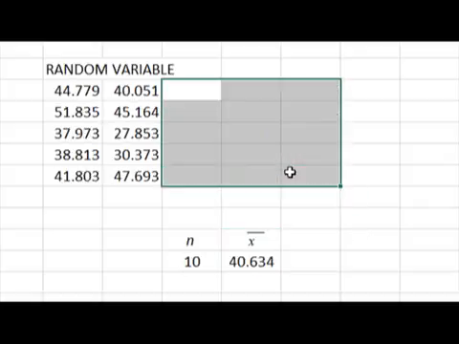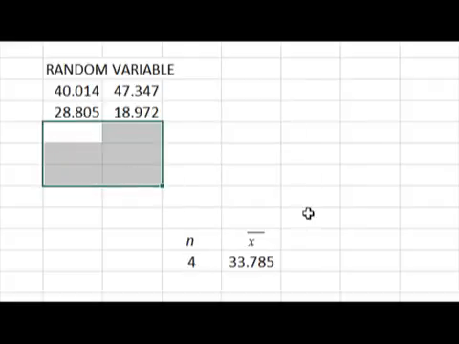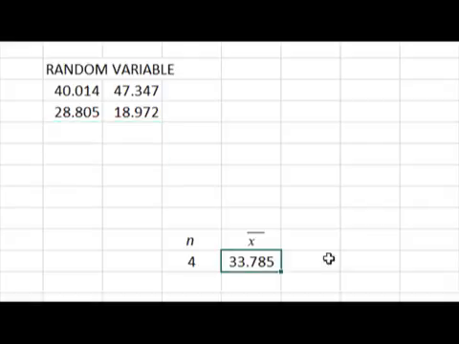And if we shrink our sample back down to 4, we know that the standard deviation of x bar is 10 divided by the square root of 4, which is 5.